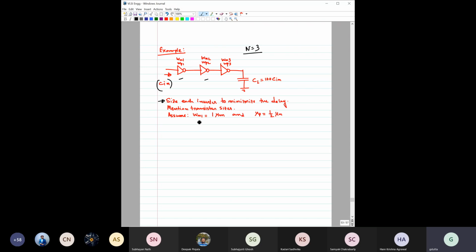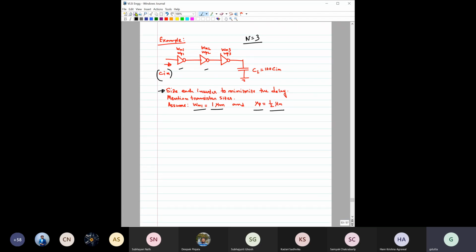They have also mentioned that WN1, the width of the NMOS for the first stage, is equal to 1 micrometer, and it is also given that mu p, the mobility of hole, is half of that of electron, right? So from this perspective we need to approach. Can you suggest what we should do first?